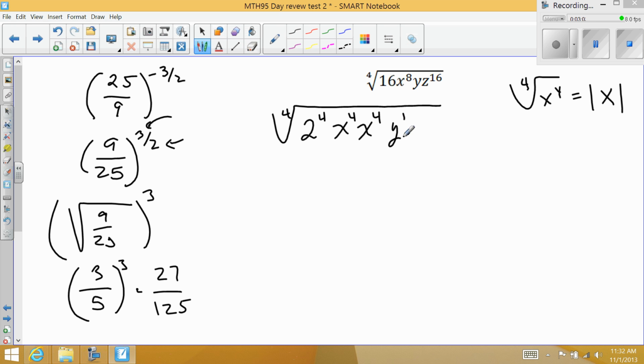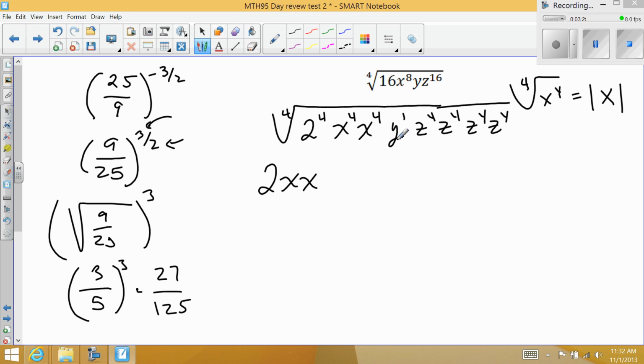The y doesn't have an exponent, so I'm going to give it an exponent of 1 just to help keep track of it. And that z to the 16 I'm going to break down: z to the 4th, z to the 4th, z to the 4th, and z to the 4th. 4 plus 4 plus 4 plus 4 is the 16. So now anything with the 4th power and a 4th root simplifies, so I get 2, x, x.